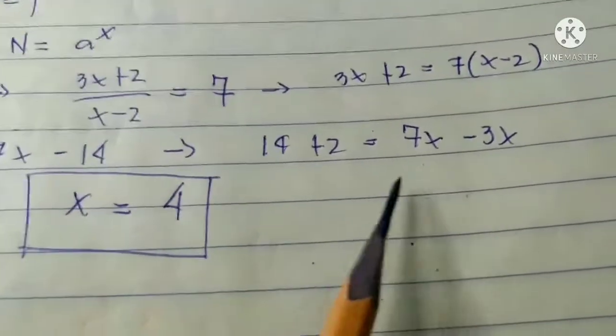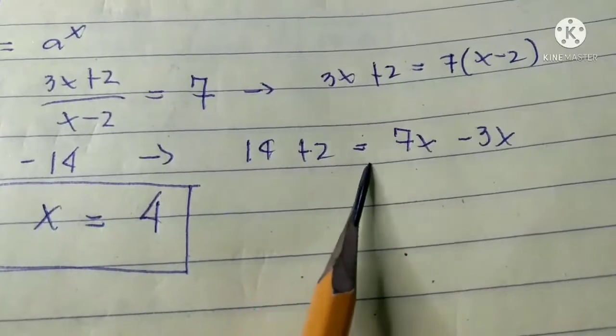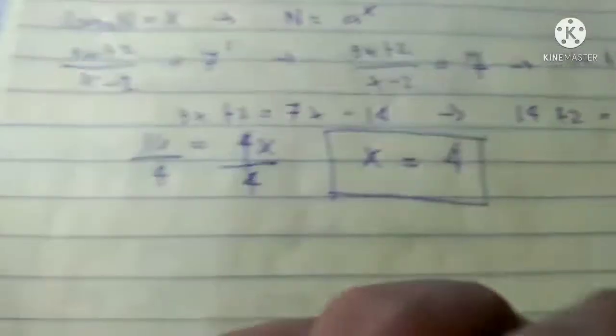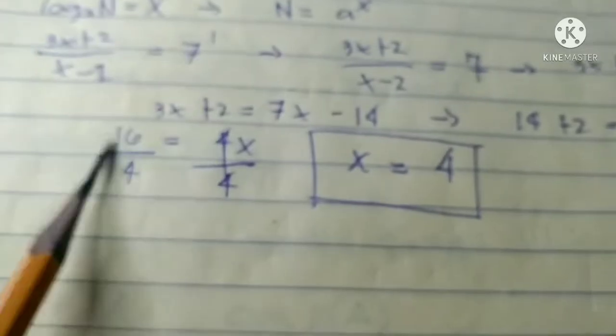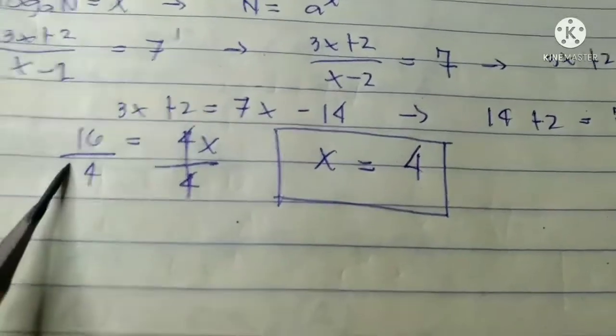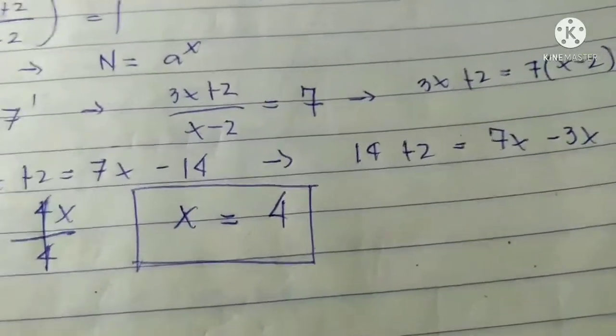Then if we transpose, we will get 14 plus 2 equals 7x minus 3x. So now we have here 16 equals 4x. Then we divide both sides by 4 and we will get x equals 4.